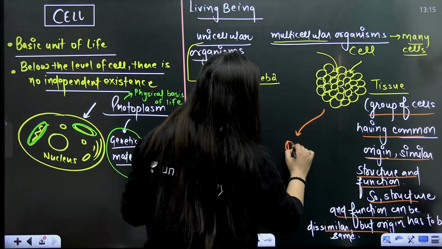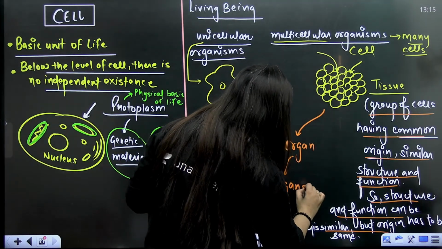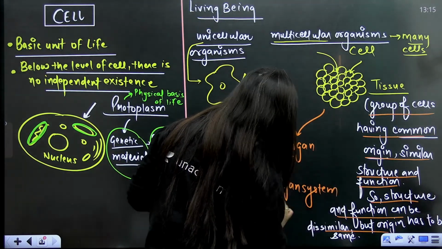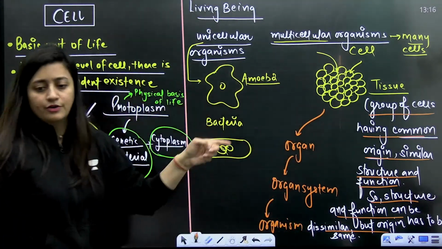Now these tissues together will form organ. Organs together will form organ system, and organ systems together will form organism. That's what you need to understand.